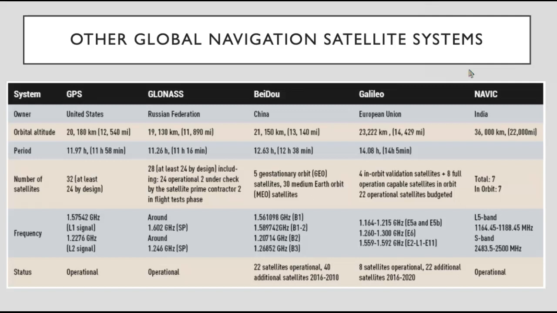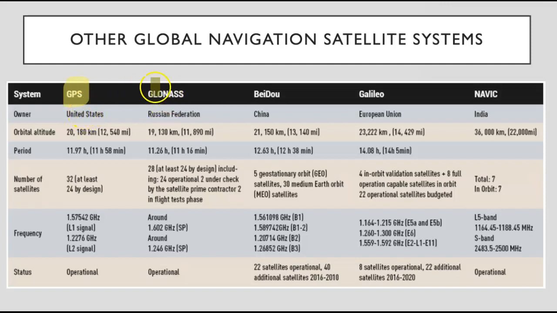Other systems that are out there, China, Russia, Europe, and India, have all designed systems. Here's the GPS system, which is designed by the U.S. and has been active probably for the longest period of time and is the most developed system.